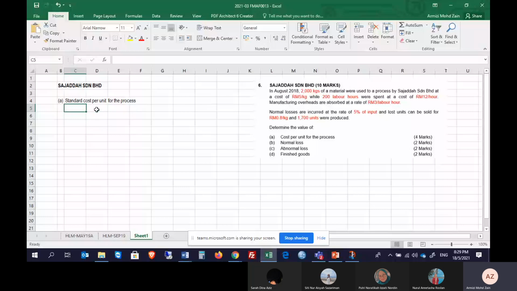So the cost incurred here is the material cost: 2000 times RM5 equals RM10,000. This is the material cost.